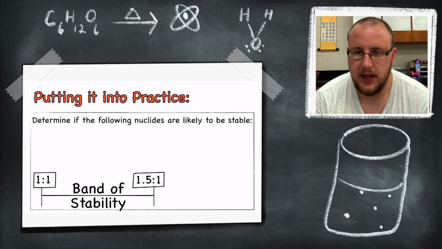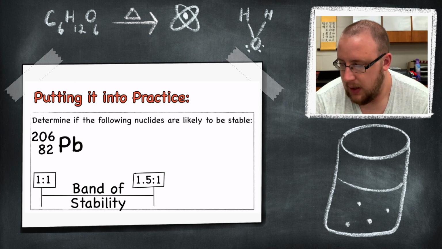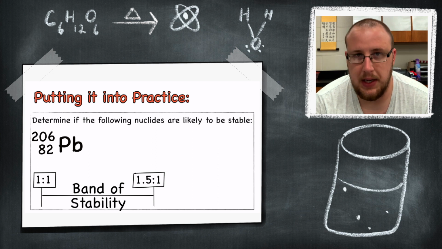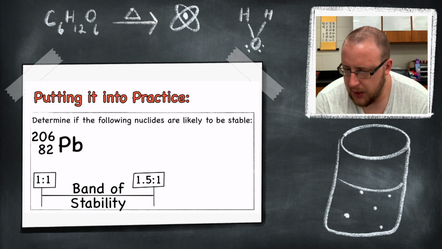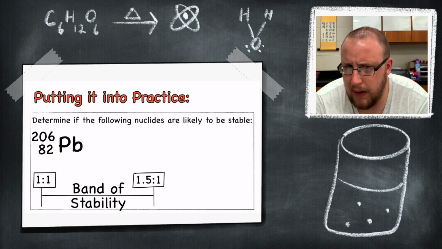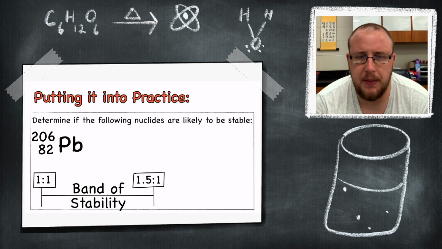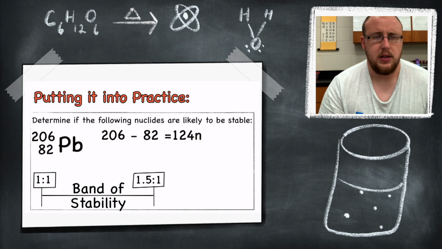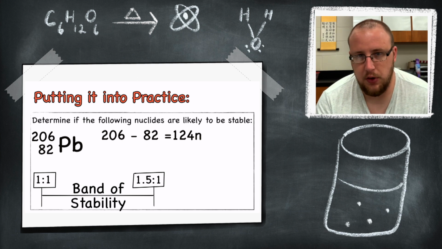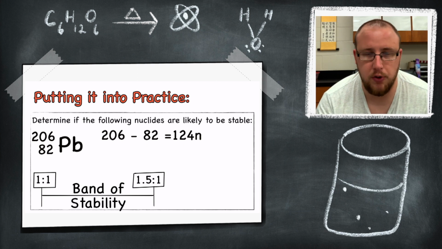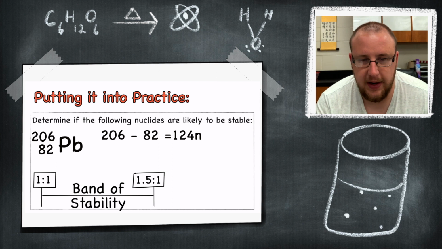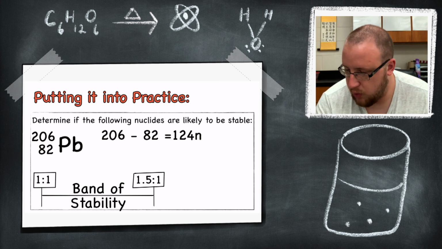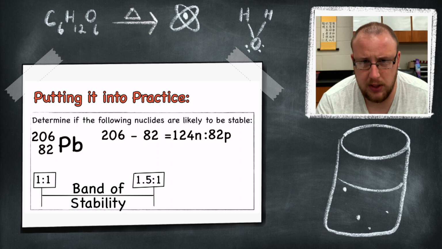Our next one is lead 206,82. First of all, we've got to figure out how many neutrons it has. We know its atomic mass is 206. So we take our 206 and subtract our 82 to get our neutrons. That's 124 neutrons. That means we have 124 neutrons to 82 protons.